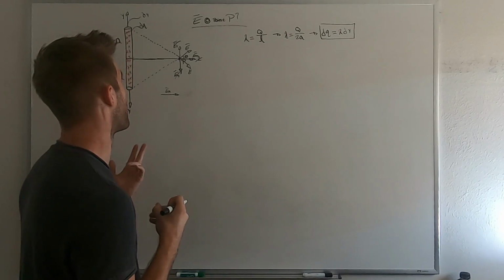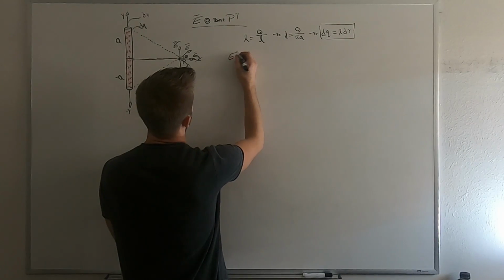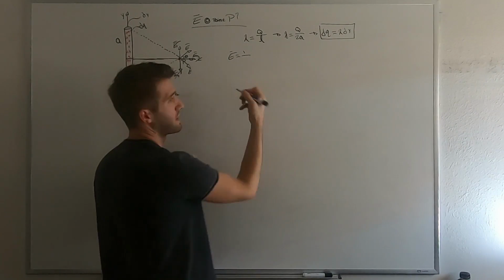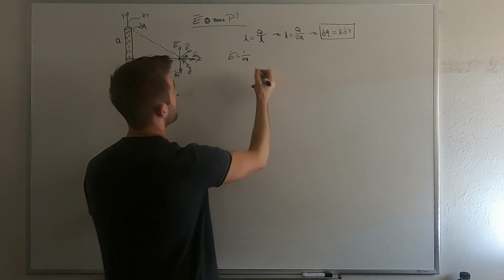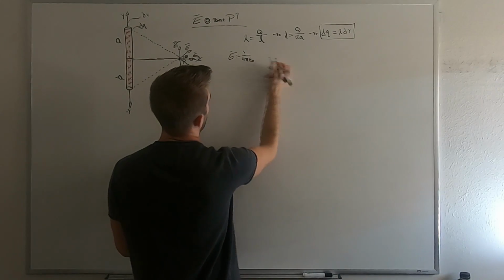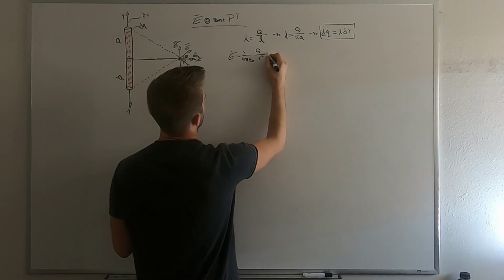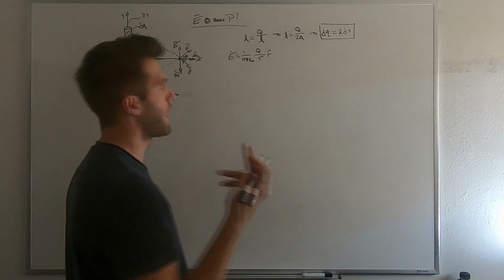We have our electric field, which is E equal to 1 over 4 pi times the permittivity of free space constant, epsilon naught, times Q over R squared, and then we have our unit vector R hat.